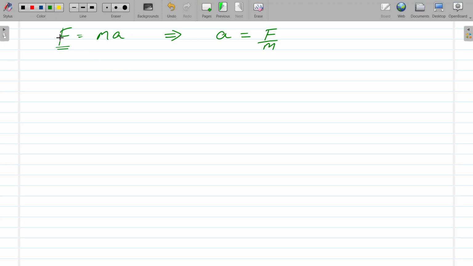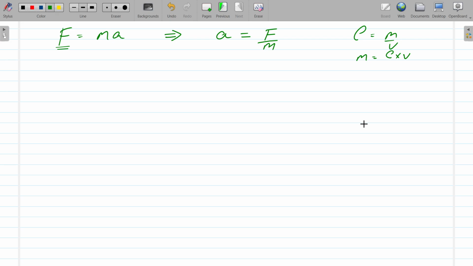The equation is normally written as force equals mass times acceleration, but you can move it around. Just like density is mass upon volume, and if you don't know the mass, you can move it around and say mass is density times volume. That is true for all equations.